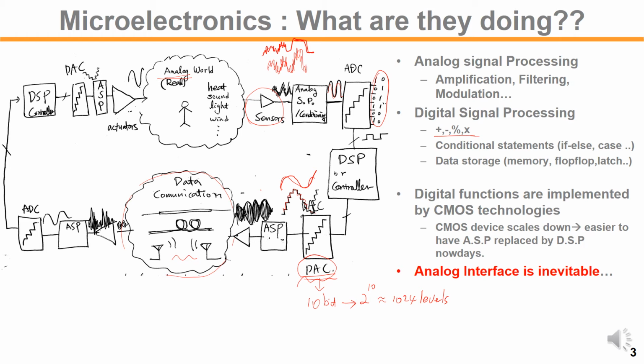Let's say for Bluetooth, which you use every day, it uses a frequency around the 2.4 gigahertz range. So we modulate. We call this operation modulation. The baseband low frequency data is modulated by the high frequency 2.4 gigahertz.